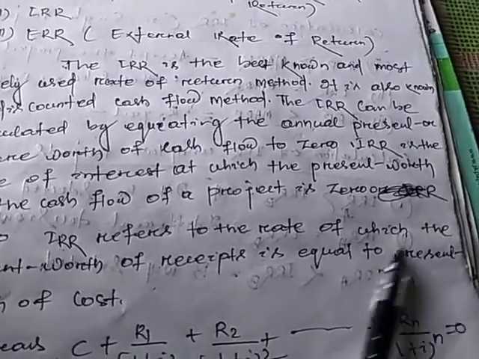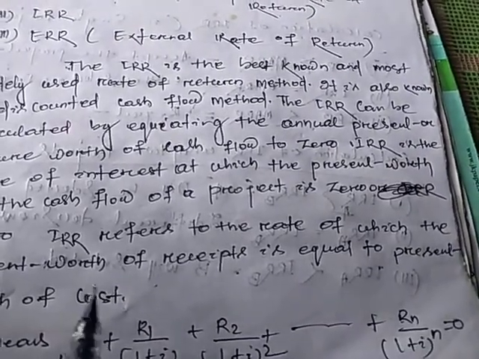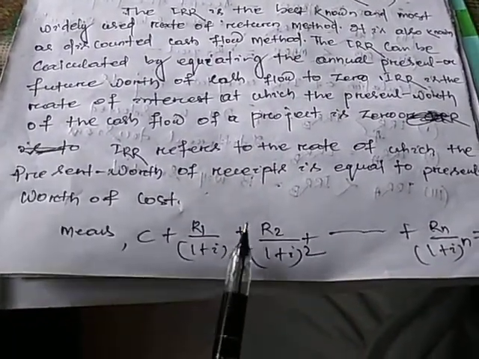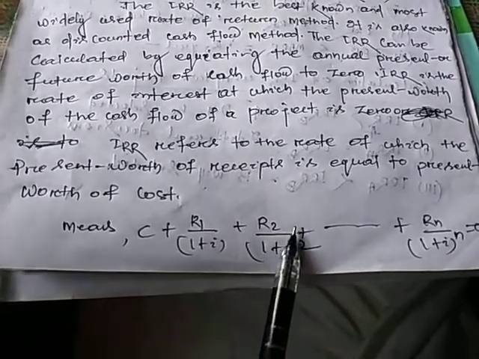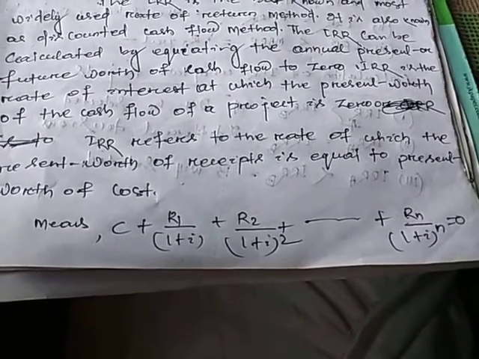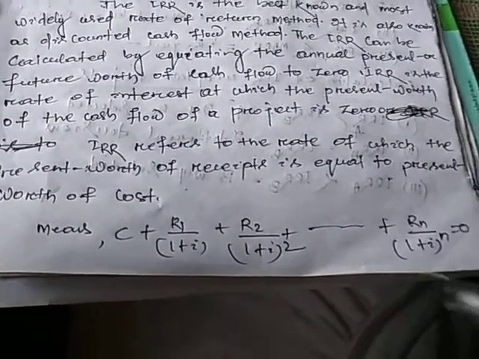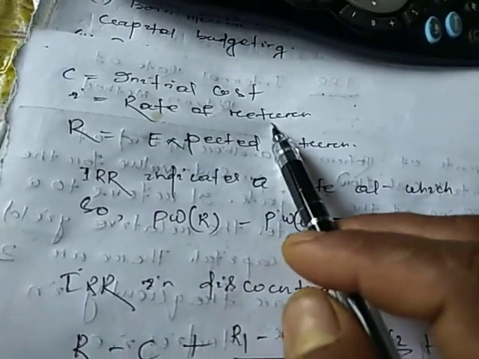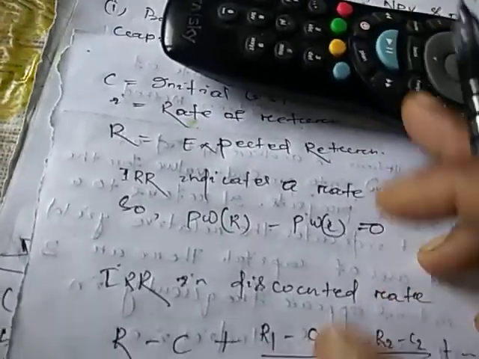It refers to the rate at which the present worth of receipts equals the present worth of costs. So: C plus R1 by (1 plus i) plus R2 by (1 plus i) squared, up to Rn by (1 plus i) to the power n, is equal to 0, where n is the number of time periods and R1 is revenue 1. Here C is the initial cost, the initial investment, and i is the rate of return, that is, out of your investment what the rate of return should be, 5%, 3%, 4%, in that way.